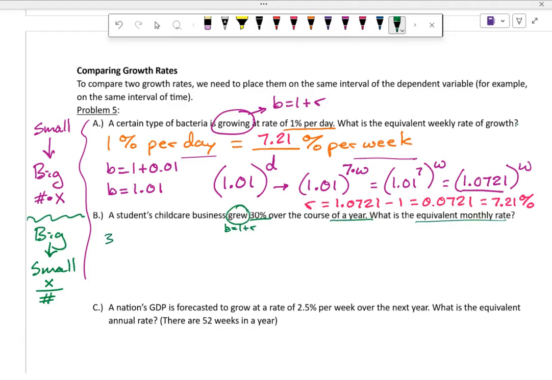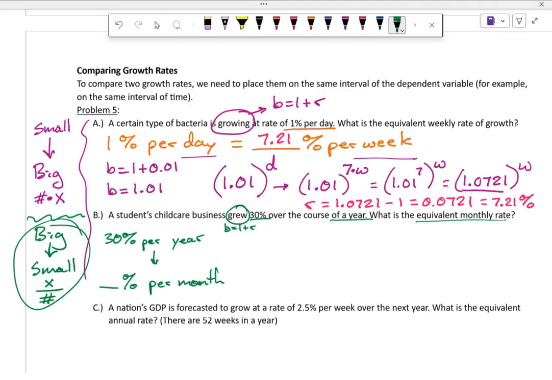So we have 30% per year, and I want to change that into some kind of percent per month. And so the difference between the last problem and this problem is that we are again going from big to small in this case.